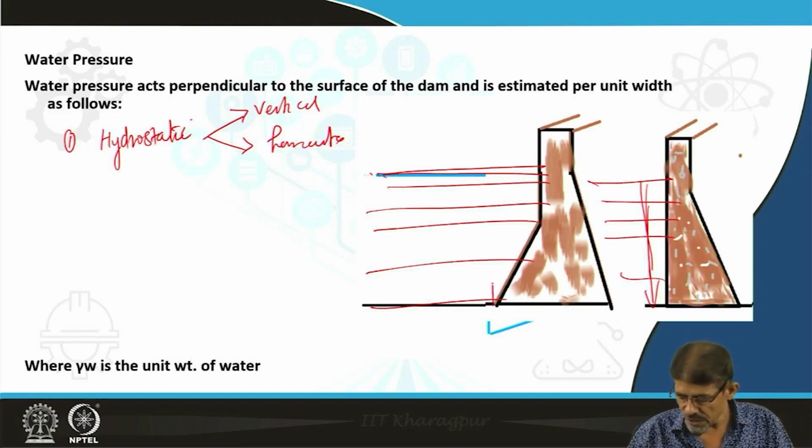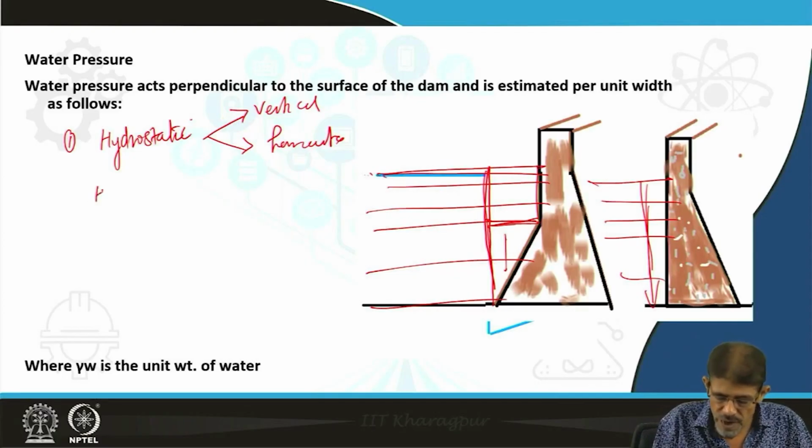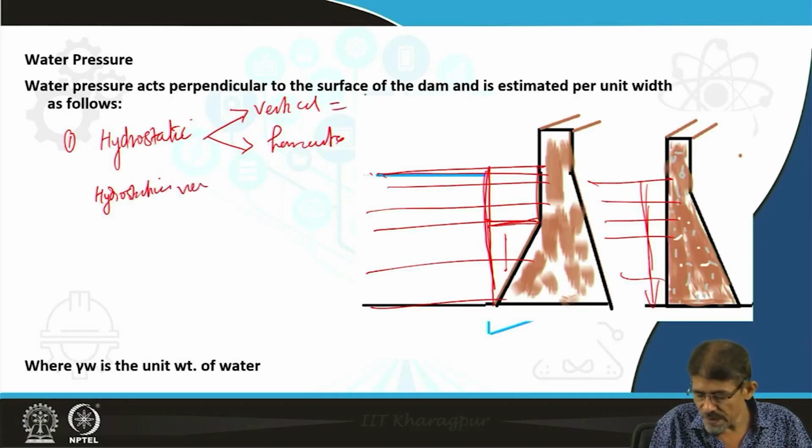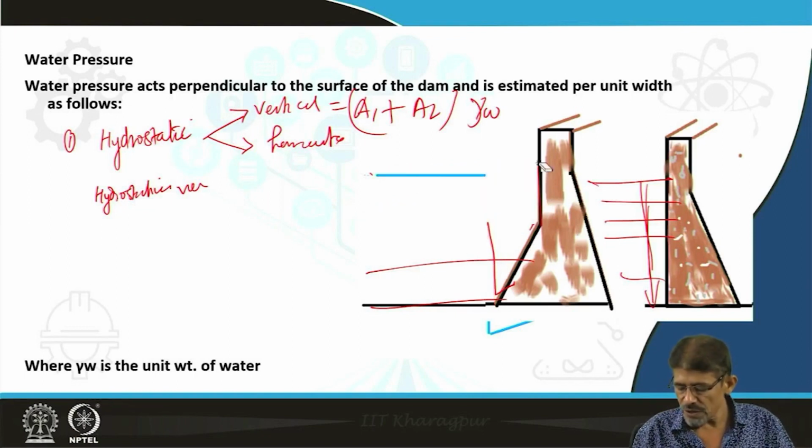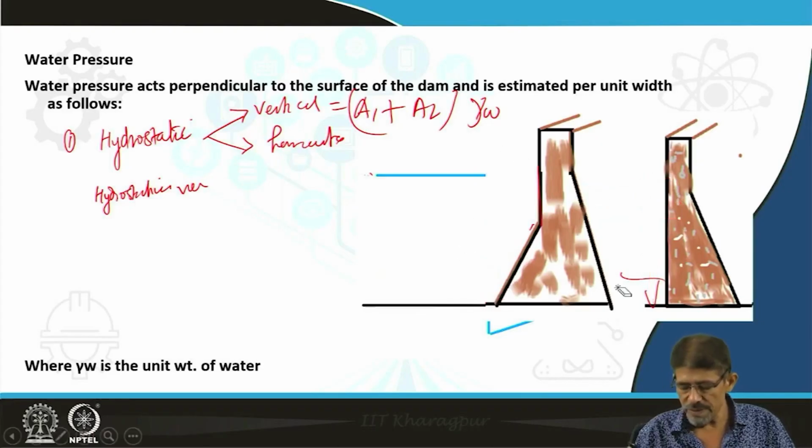Here the vertical hydrostatic force is simply area 1 plus area 2 multiplied by the unit weight of water, which can be easily calculated. In this case, there is no vertical. So in certain situations it may be vertical, and it may not be.